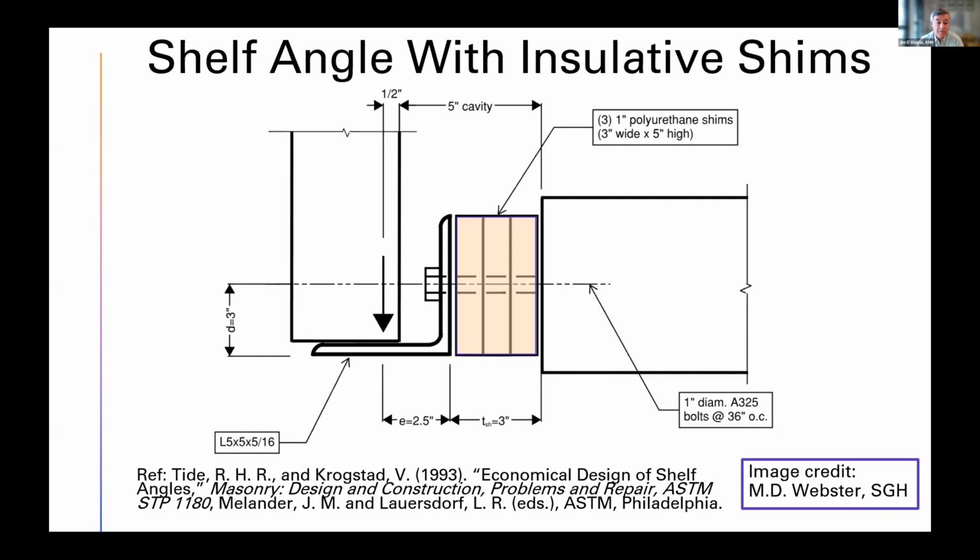You have to think about the fire resistance, but basically this is Tide and Krogstad's design methodology that my friend Mark Webster developed, by way of coming up with a calculation to show the structural support of a shelf angle using thermal shims. Yes, you can have these elements in compression as long as you keep the compression load at 10% of total capacity to minimize long-term creep.